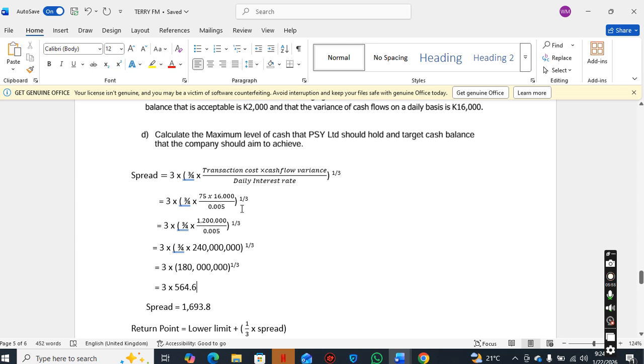In your calculator, you can put cube root. If you don't know what cube root is, then just do to the power 1 divided by 3. Are we all getting 564.6?